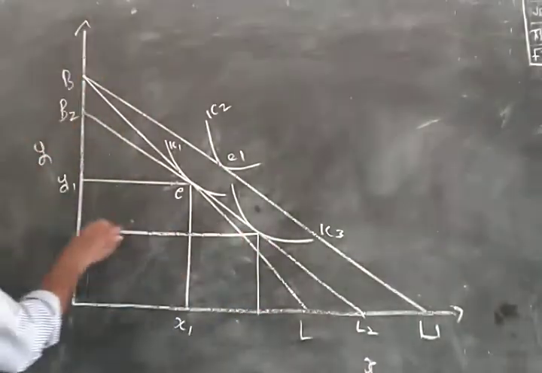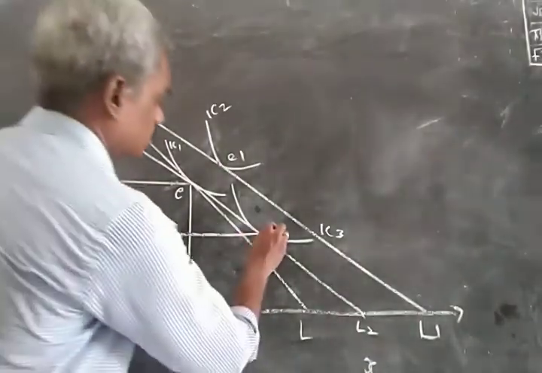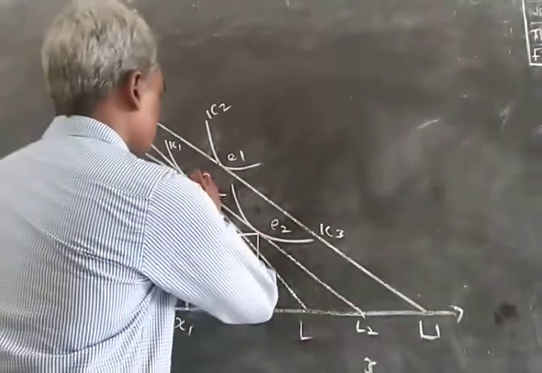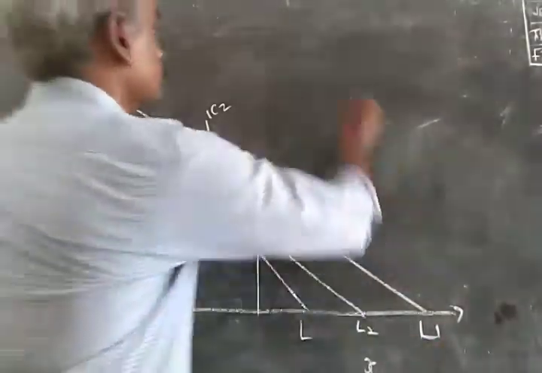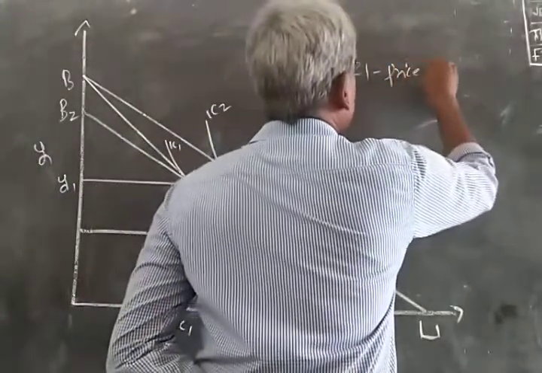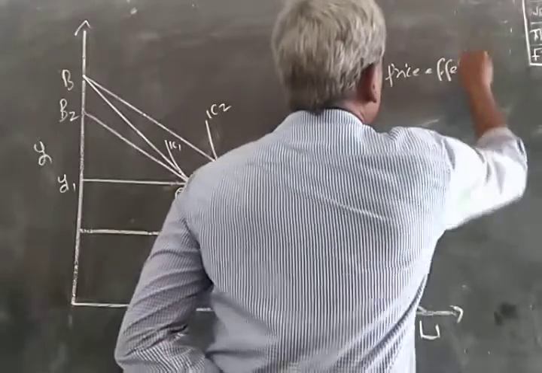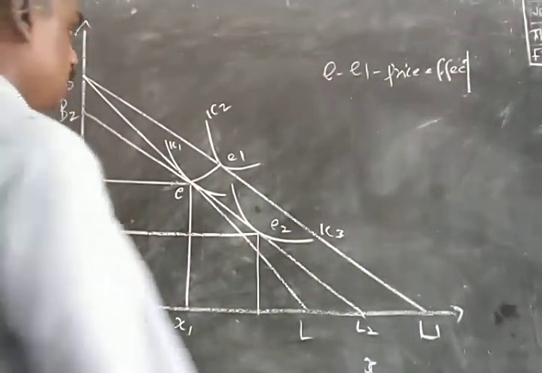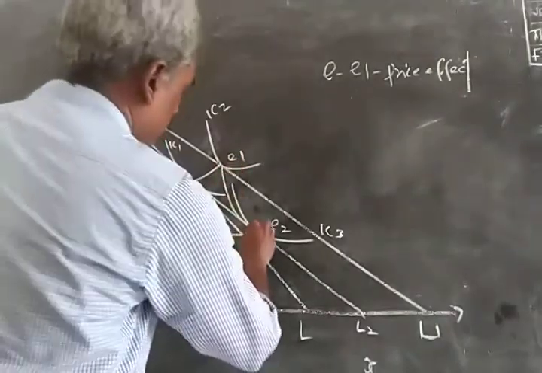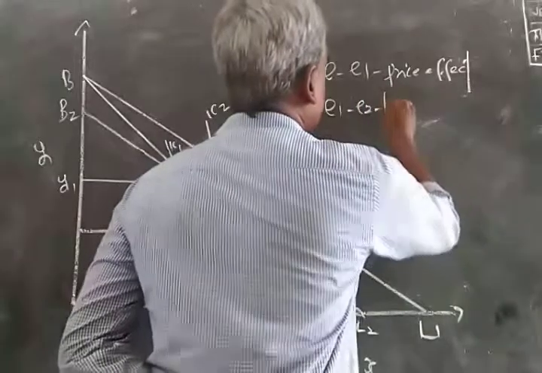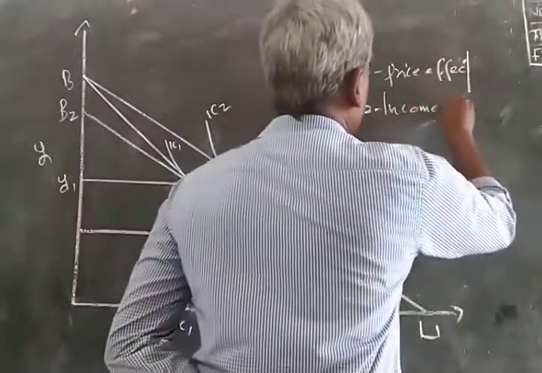Now he will be at this combination E2. So initially when the price fell, the consumer moved from E to E1, which is called the price effect. Then we reduced his real income and he moved from E1 to E2, which is called the income effect.